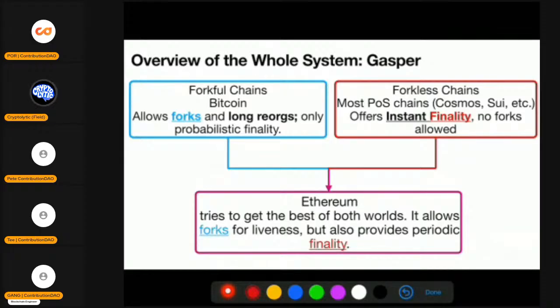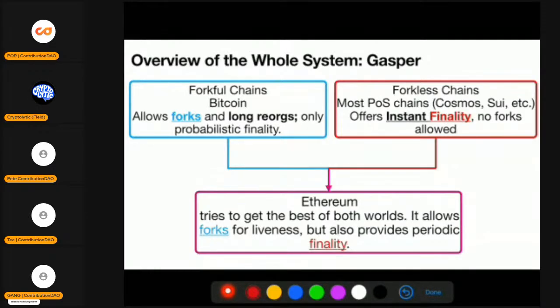But in Ethereum, because we also have the property of finality, the transaction reversal will get stuck at some point, and that is the point that the block gets finalized. And that is why, in theory, Ethereum normally has shorter reorgs compared to Bitcoin.